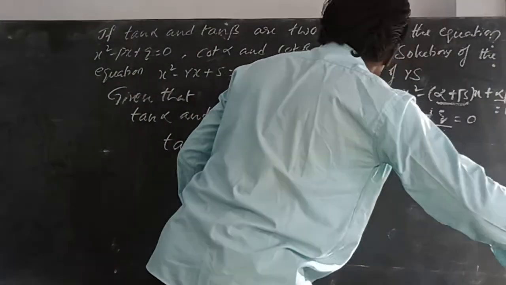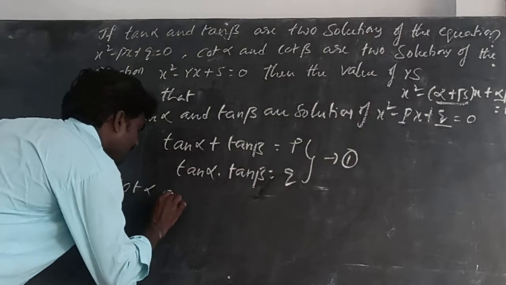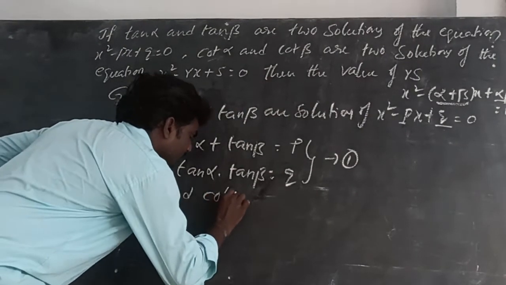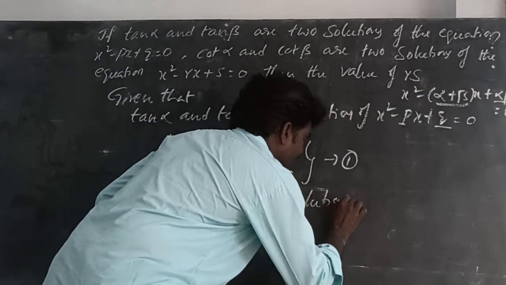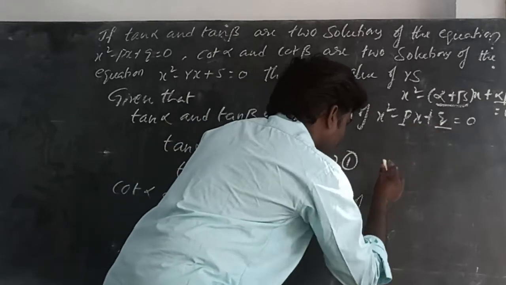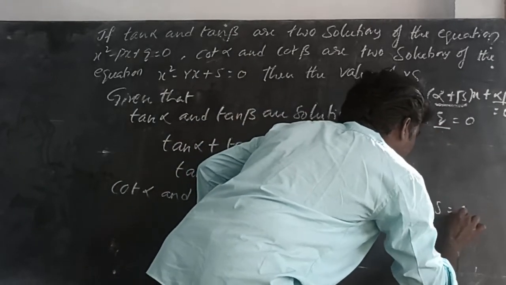Next, given that cot alpha and cot beta are solutions of x square minus rx plus s is equal to 0.